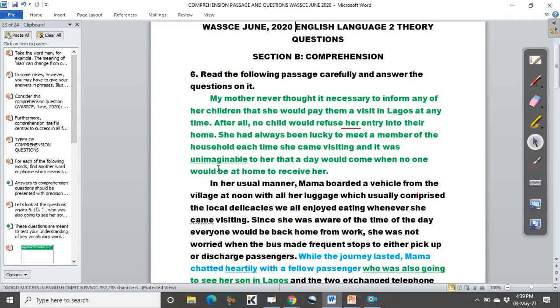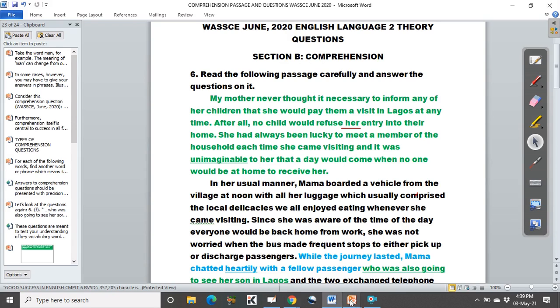Or inconceivable. She never thought, even the word impossible, it was impossible to her. That is unbelievable. Let's use the word unbelievable. It seemed unbelievable to her that a day would come, she never just thought about it. She never believed that a day would come that she would meet the house completely empty.